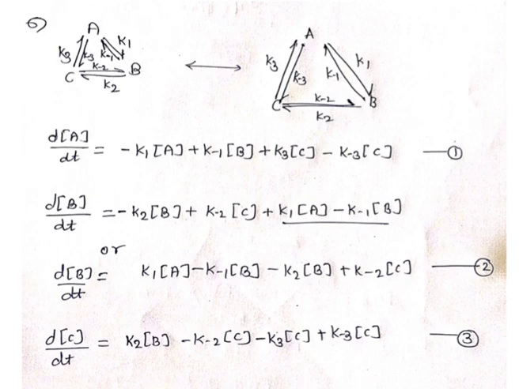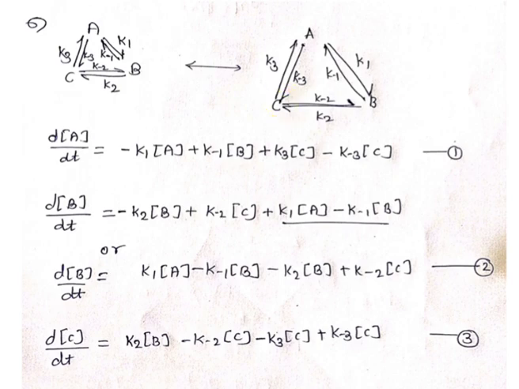So see here, dB by dt is equal to K1 into concentration of A minus K minus 1 into concentration of B minus K2 into concentration of B plus K minus 2 into concentration of C. In the same way you can write down the rate of dC by dt. It is forming with rate K2 from B, therefore K2 into concentration of B. It is again going to decrease to form B, therefore decreasing. K minus 2 rate is there, and which species is decreasing?